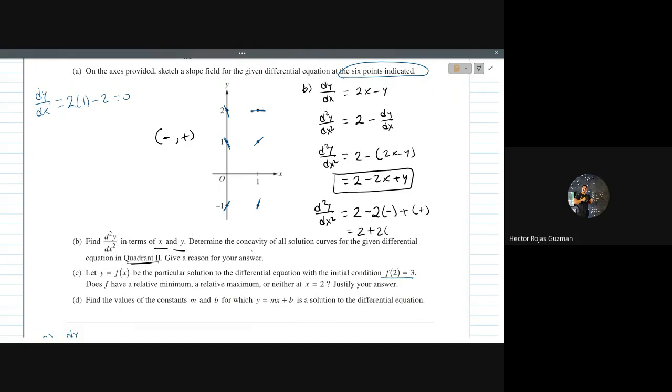I'll put a negative x here, and a positive y here. So everything's positive, no matter what number you choose. The function is concave up because the second derivative is always positive.